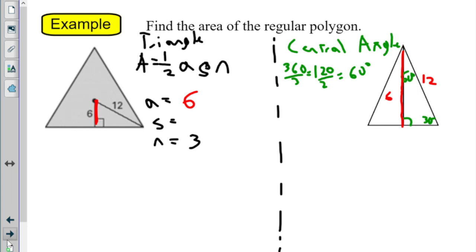Because the pattern says, take my short leg, which is 6. So to get my missing piece that I want, I'm going to take that short leg of 6 and multiply it by square root of 3. That's my pattern. And we're done.